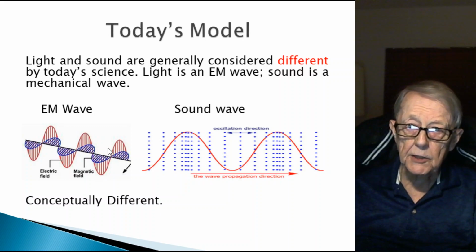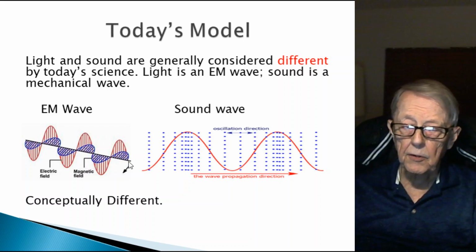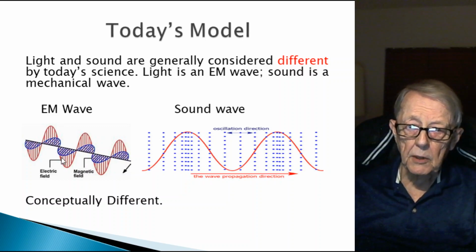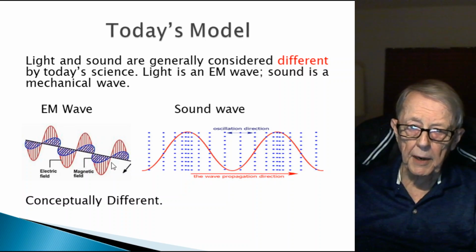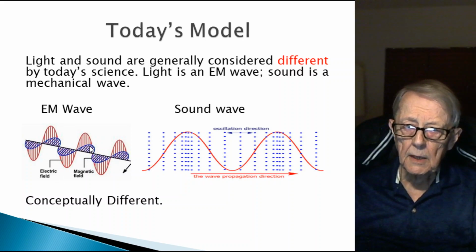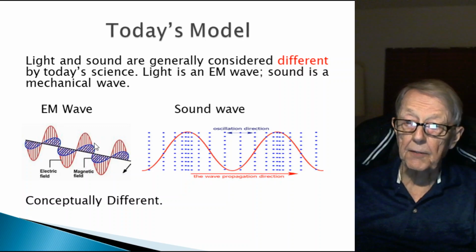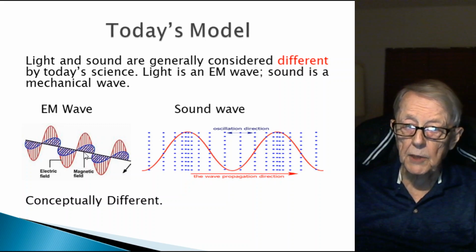That's called a transverse direction because it's perpendicular to the direction of flow. And the blue is a magnetic field moving in and out. So this is distinctly different. It's a matter of fields, and yet it moves up and down transversely and propagates from source to destination.